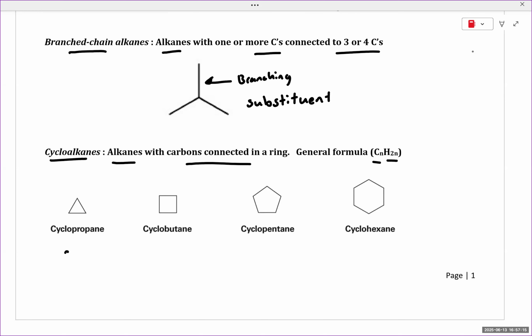For example, cyclopropane is C3H6, cyclobutane is C4H8, cyclopentane C5H10, cyclohexane C6H12. Notice that compared to a traditional straight chain or normal alkane, cycloalkanes have 2 fewer hydrogens on account of the carbons being connected in a ring. You'll see that this will be very important later on.